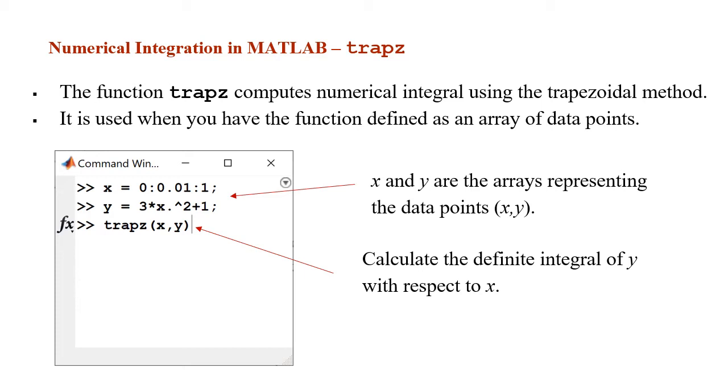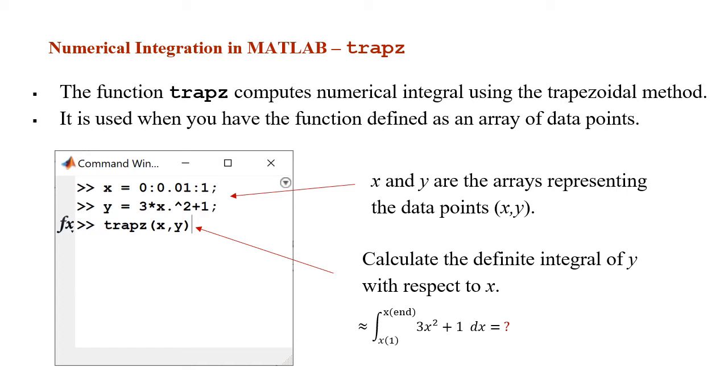Remember, for the trapz method, you put the independent variable first and then the function. So trapz(x, y) means calculate the definite integral of y with respect to x. Since it's a definite integral, there is a limit: the first element in x as x min, and the last element in x as x max, which is 1 in this case.